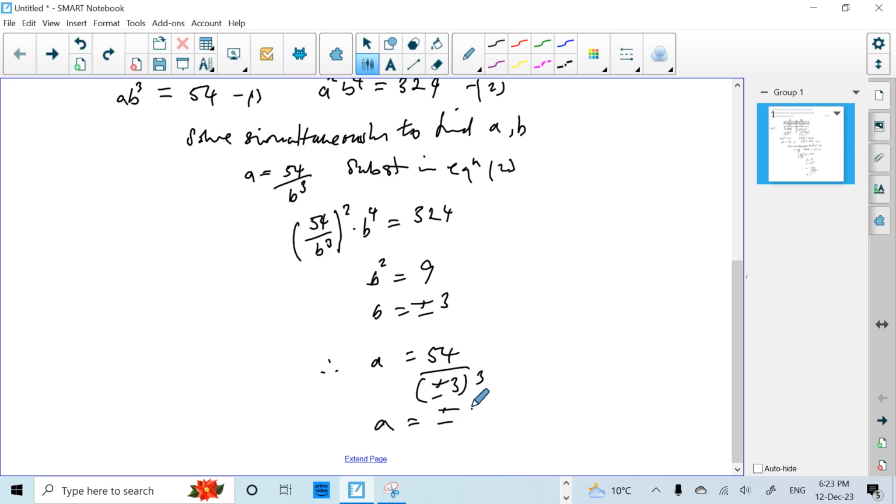So we have a is equal to plus or minus 2, and b is equal to plus or minus 3. So either both positive or both negative. And that's it for 5 marks, there you go.